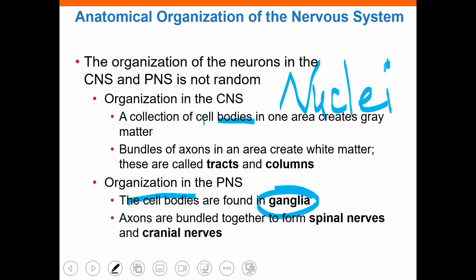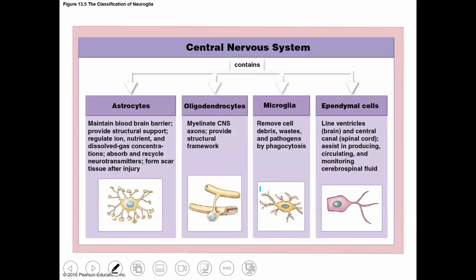So ganglia, periphery; nuclei, central. And then we see the axons bundled together to form the nerves, spinal nerves and cranial nerves, in the periphery. So we can see this drawing here, helping to organize what we've gone through.